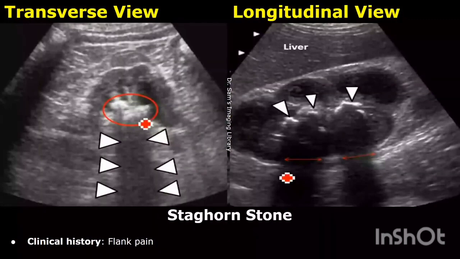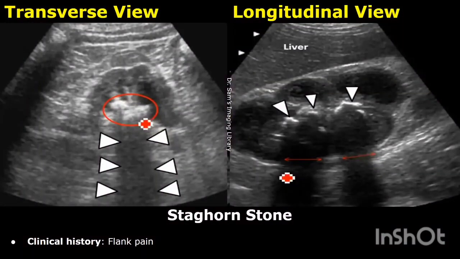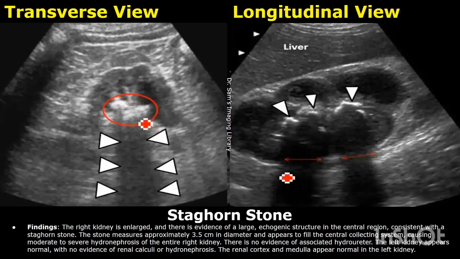This is a case of staghorn stone. The clinical history was flank pain. You can write the size of the kidney, and then you can write there is evidence of a large echogenic structure in the central region consistent with a staghorn stone.